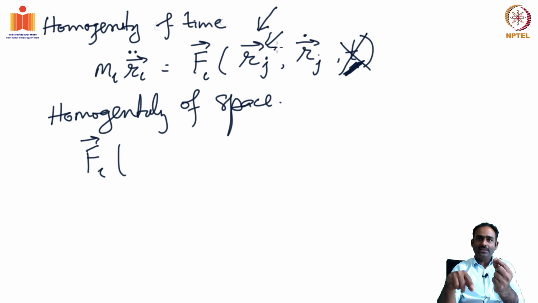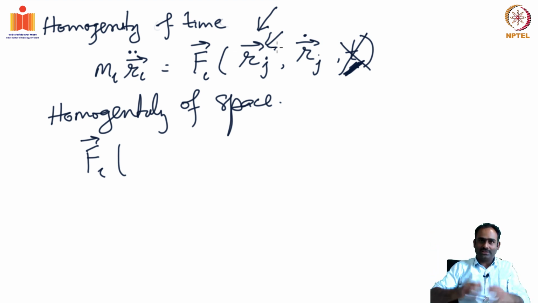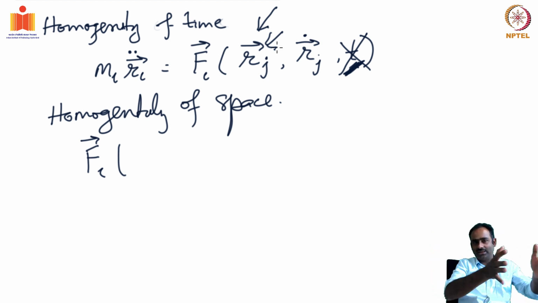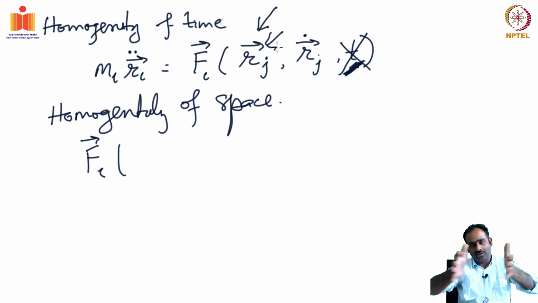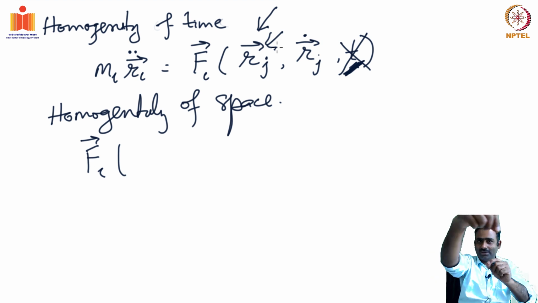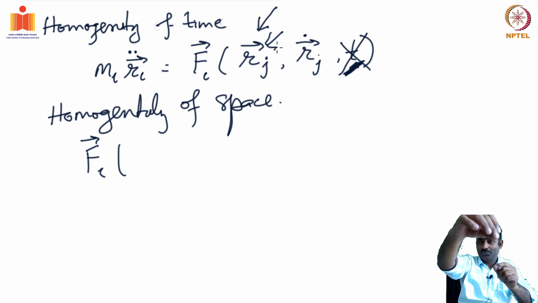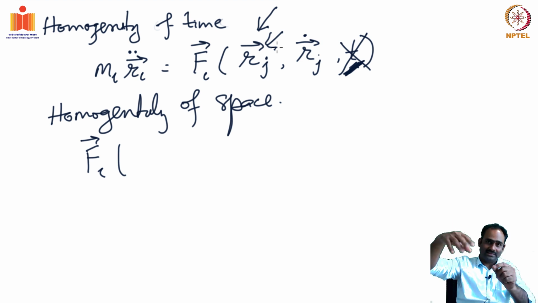Now because of homogeneity of space, if I take the entire setup and move to some other location, if I do a translation by a vector a, so let's say just translate everything along the x-axis, nothing should change, right? Whether I do an experiment here or take the entire box and put it somewhere else, nothing should change. Which would mean that the forces should not care about where this guy is, where that guy is, what are the exact locations of those other particles at time t.